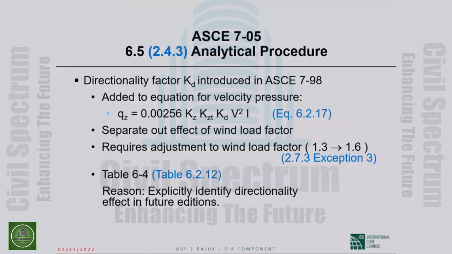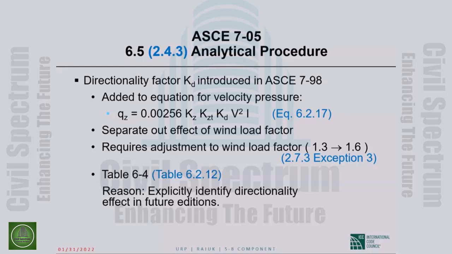So in order to go back to the wind pressure that we were designing for under ASCE 7-95, the decision was, let us take the load factor 1.3 of ASCE 7-95 divided by the same 0.85. 1.3 divided by 0.85 gives you 1.53. Instead of rounding it down to 1.5, that was rounded up to 1.6. That was long debates and so forth, but that's what happened.